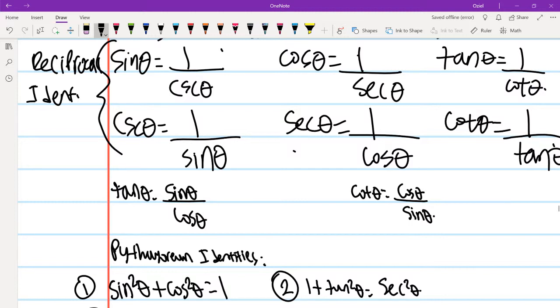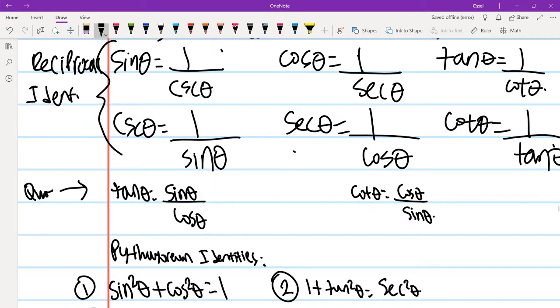So these two would be your quotient identities.